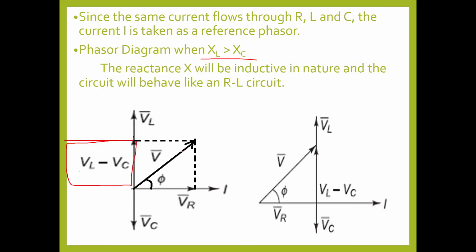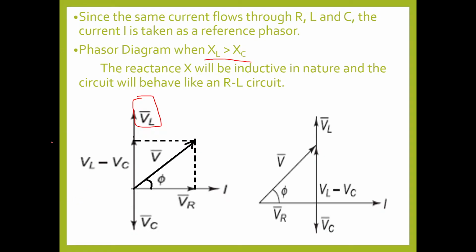Similarly, instead of considering the negative part of the imaginary axis where VC is, we just shift this VC to the opposite side, where it becomes negative. Since XL is greater than XC, I consider the imaginary axis on which VL is there, so you write XL minus XC.